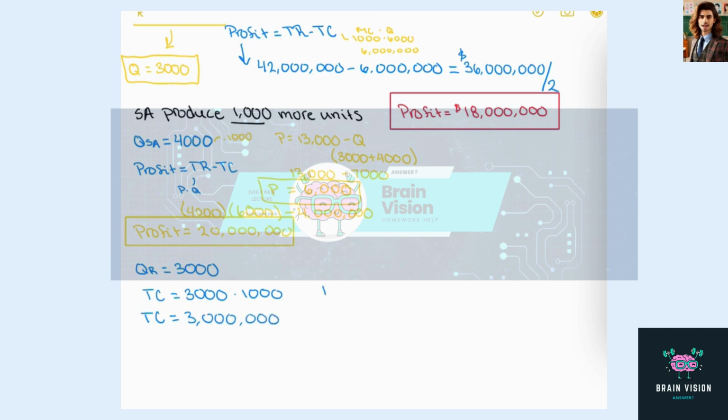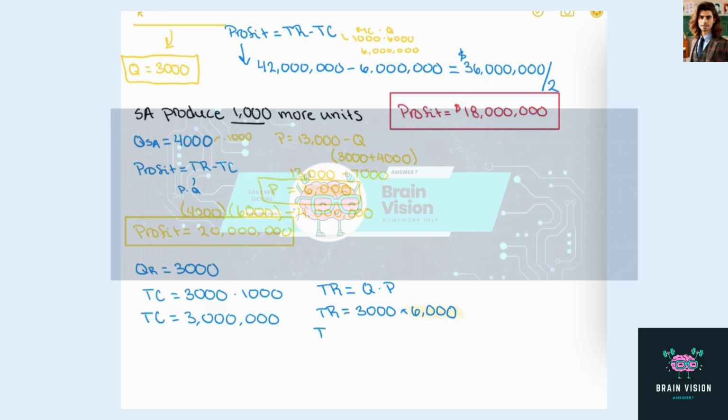Their total revenue is going to be their quantity times the price. Total revenue here is this quantity of 3,000 times this new price of 6,000. Remember that we found before, because the overall quantity within the market has changed, the market price has changed. So that's why we're working with this price of $6,000 in both this piece and the piece for South Africa up here.